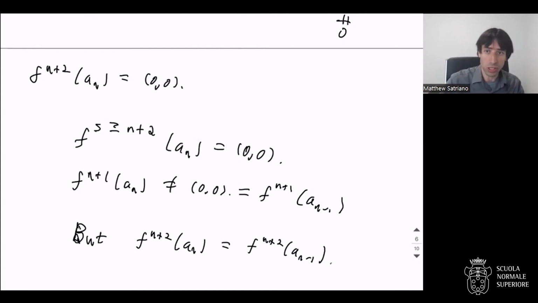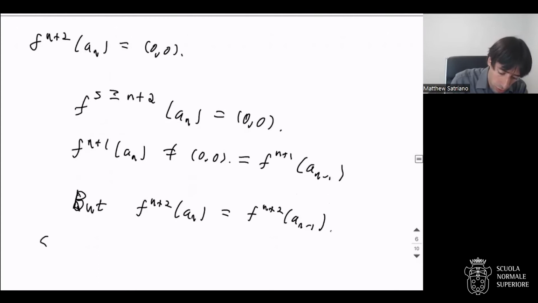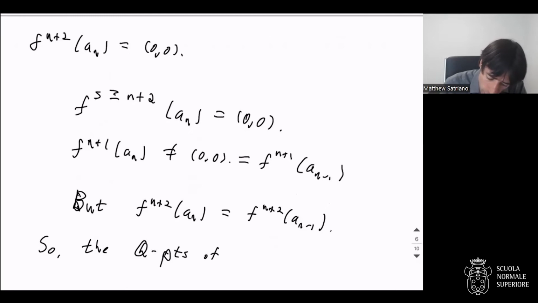And so this shows that the rational points don't stabilize. So the k rational points, well, in fact, the Q rational points, so dynamical cancellation fails for this particular sequence, right?